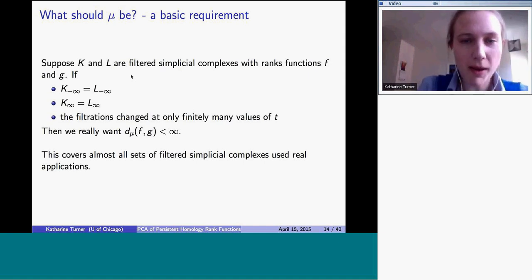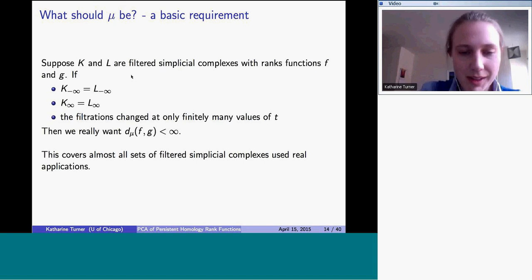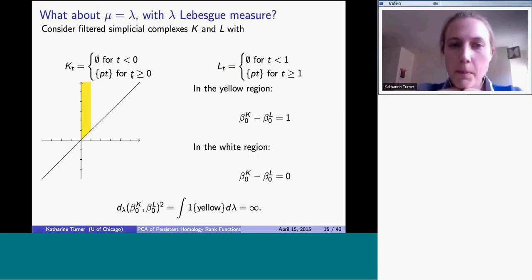Okay, this is my basic requirement that I want this to satisfy. It seems to me a very reasonable sort of requirement.